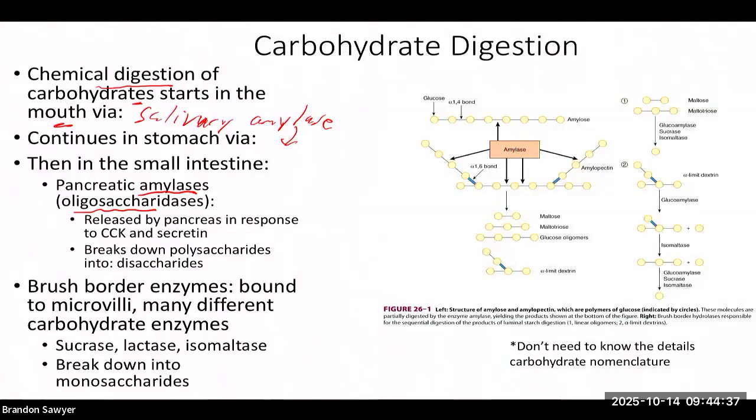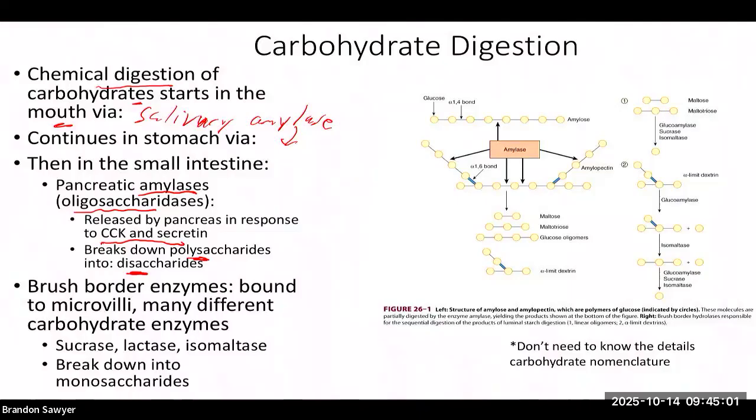These are released in response to those hormones we were talking about last time, right? Most of them are breaking down polysaccharides, getting us for the most part down to disaccharides. So these will first start breaking up those polysaccharides into shorter chains, but eventually getting all the way down to disaccharides.